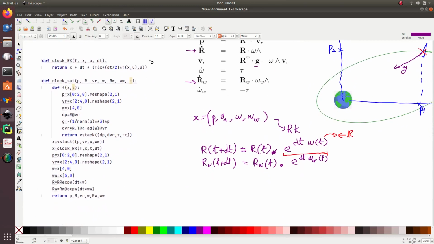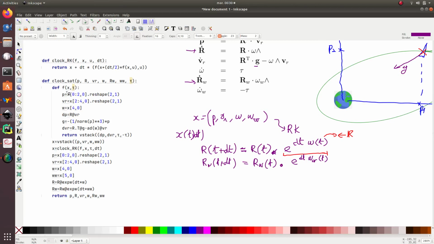This corresponds to a Runge-Kutta method, RK. It is a specific midpoint Runge-Kutta method, which is quite short, so easy in this case. It will provide me x at time t plus dt from x at time t.